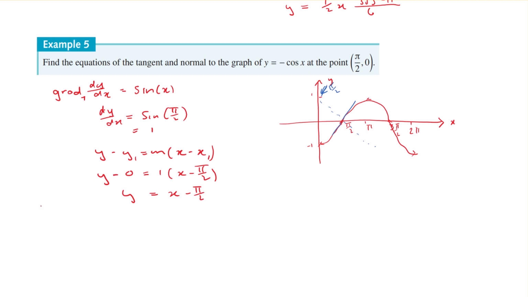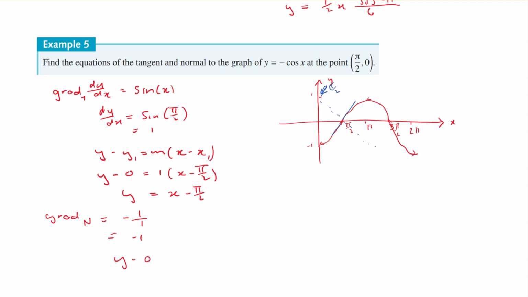To do the normal, the gradient of the normal is minus 1 over the gradient of the tangent. The gradient of the tangent was 1, so minus 1 on 1 is minus 1. It still goes through the point (π/2, 0).